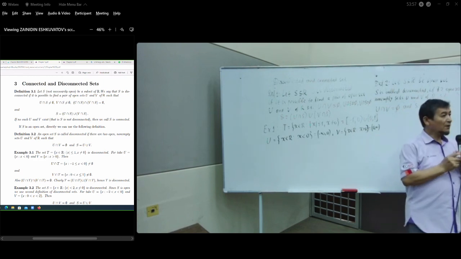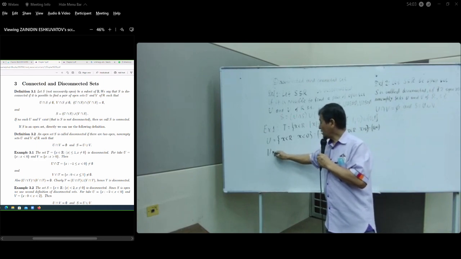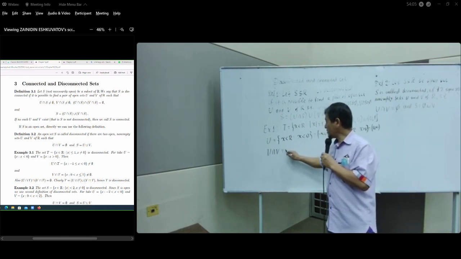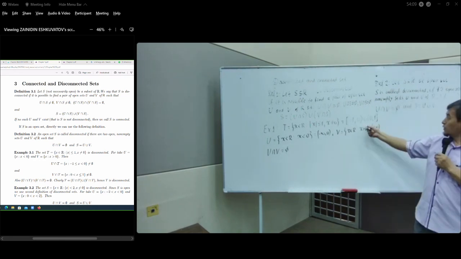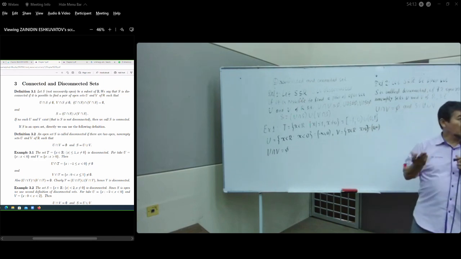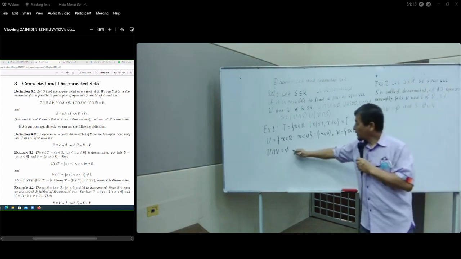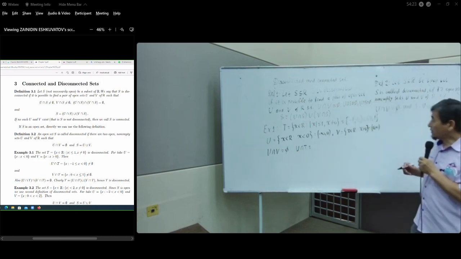You see, I'm constructing two open sets, and we can check U intersection V is the empty set. This one does not include 0, this one also does not include 0. Right? Now the intersection of U with T, look, what is it with the T?